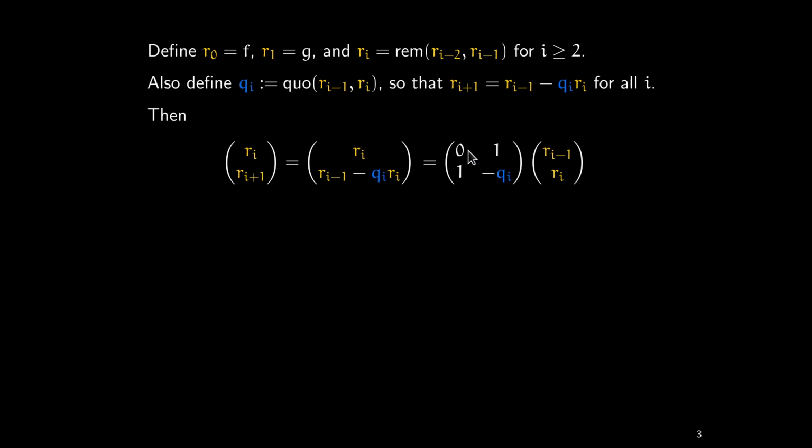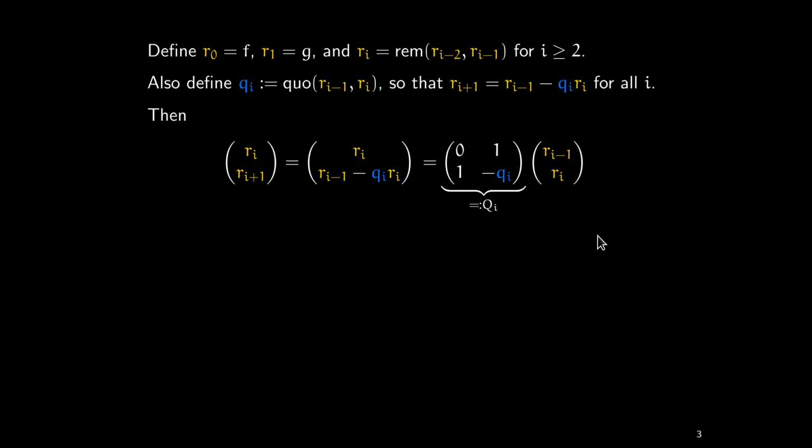This matrix contains constantly 0, 1, and 1, and here minus the quotient of the current iteration. So this 0, 1 moves this one from the bottom to the top, and this 1 and minus q gives the linear combination that produces the next remainder.